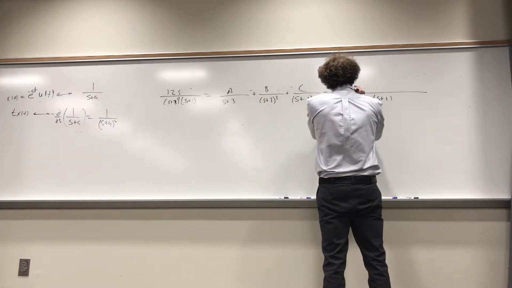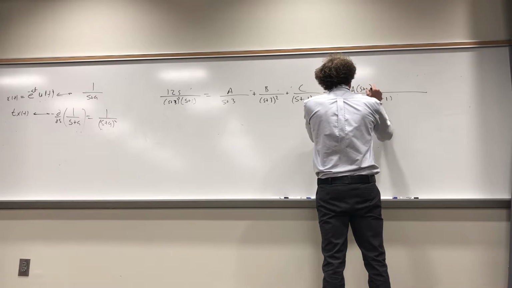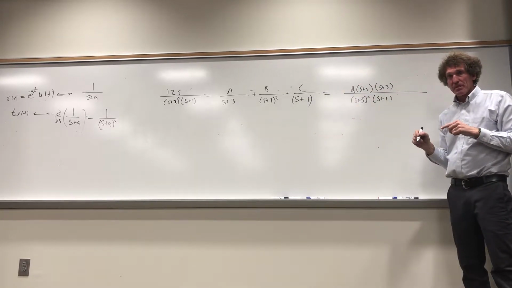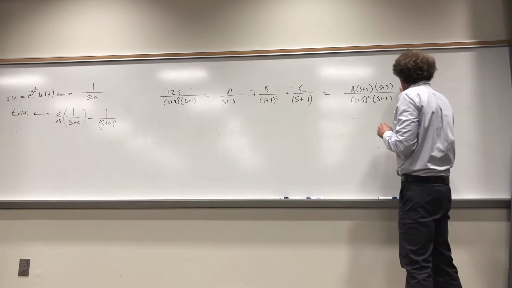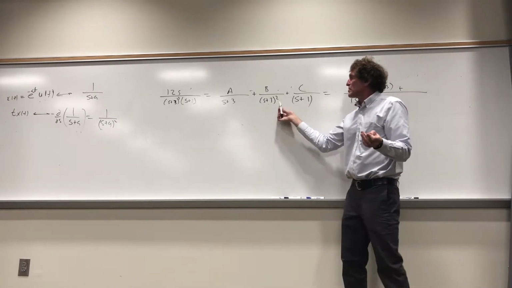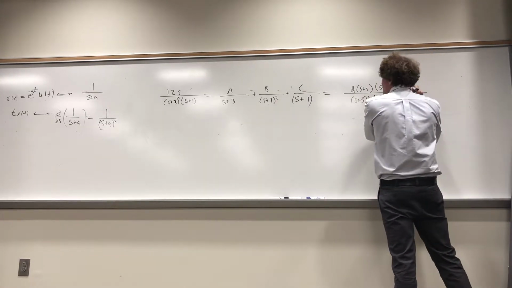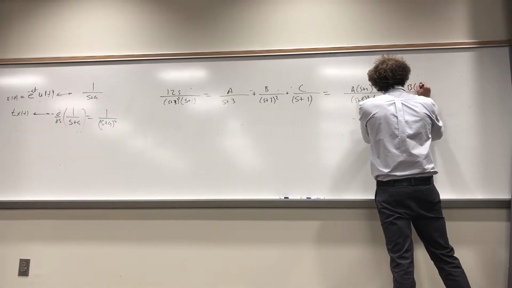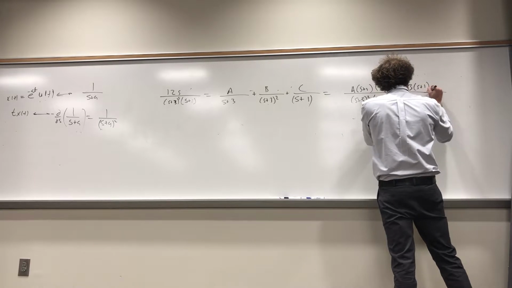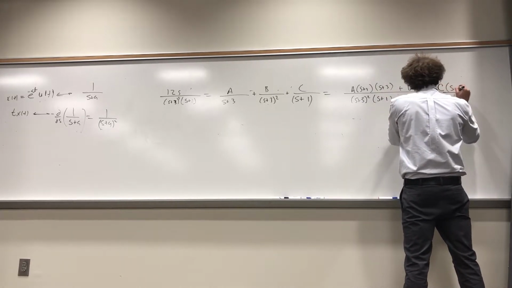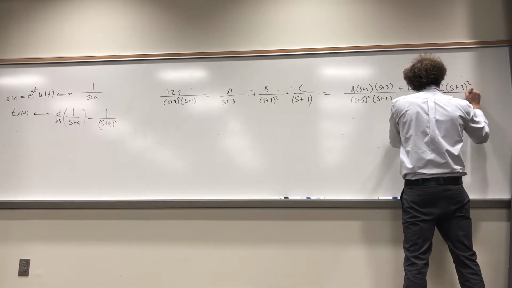So I take a, (s plus 1)(s plus 3). Follow me, everybody? Plus, now b there has an s plus 3 squared, but I have to multiply it by s plus 1 because it's down here. So now I put b times (s plus 1). And then c has to be multiplied by (s plus 3) squared.